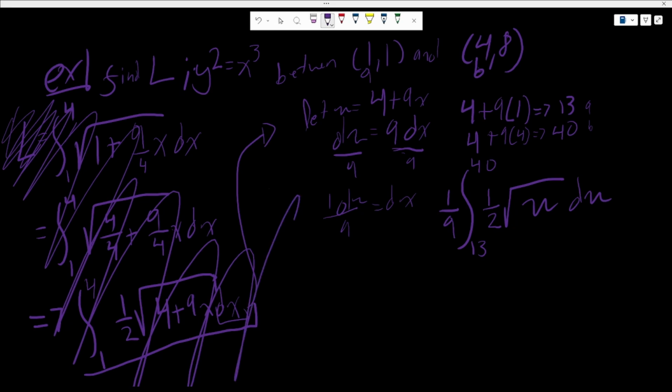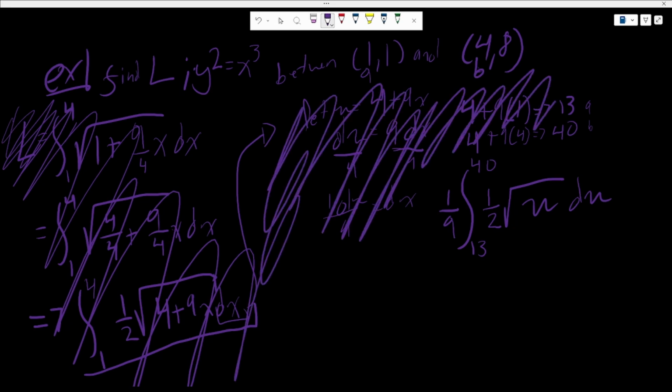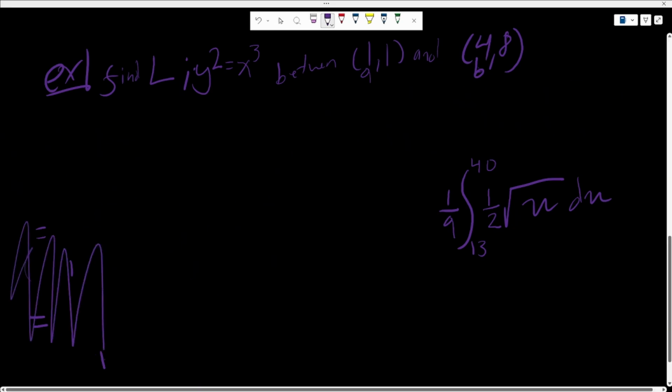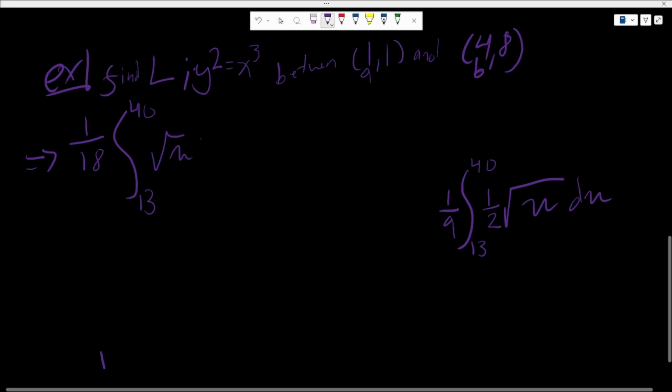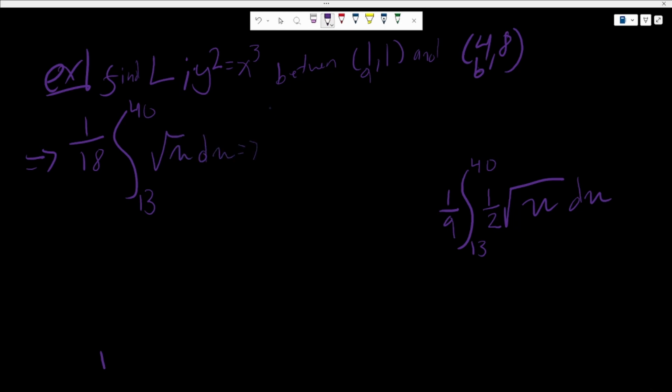And now let's just make some room so we can do our final steps for integration. It'll be pretty simple. All right. So let's take that 1/2 out. So we're left with 1/18 of the integral from 13 to 40 of square root u du. As we evaluate this integral, we're going to be left with 1/18 times 2/3 u to the 3/2 power, going from 13 to 40.